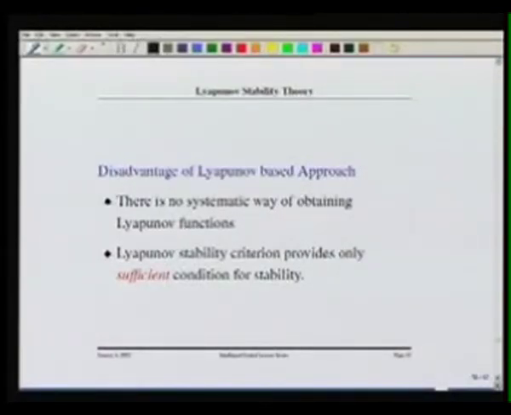Rather, finding a Lyapunov function is more of an art than science. And the Lyapunov stability criterion provides only a sufficient condition for stability.